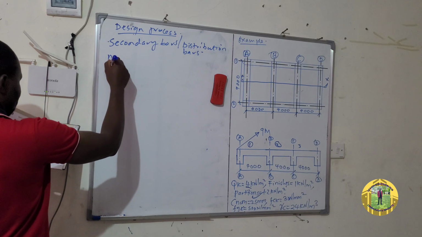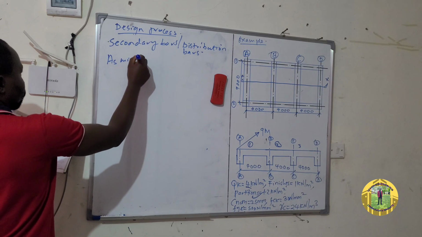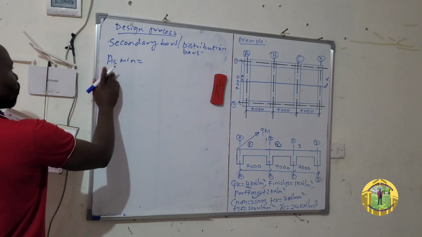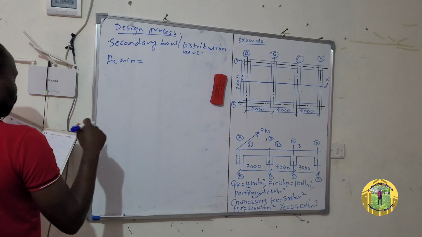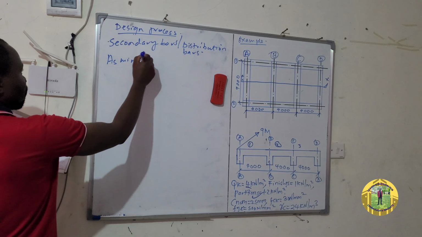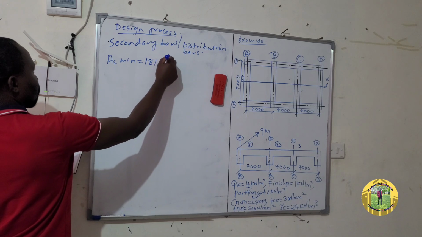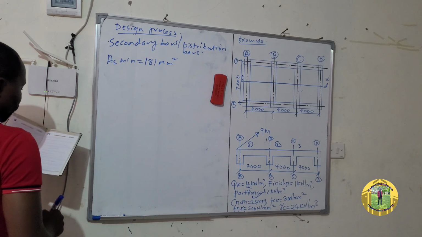AS minimum is given by area of steel minimum, which you have already calculated, and our answer is 181 millimeter square.